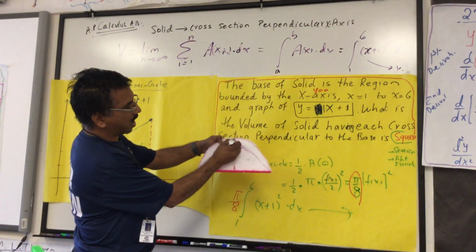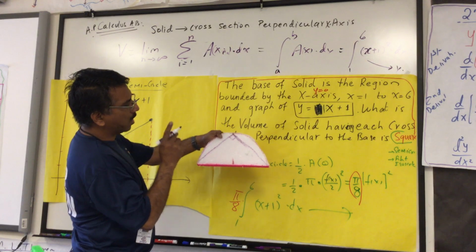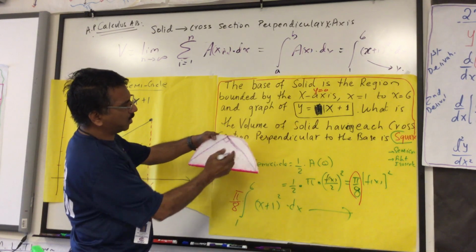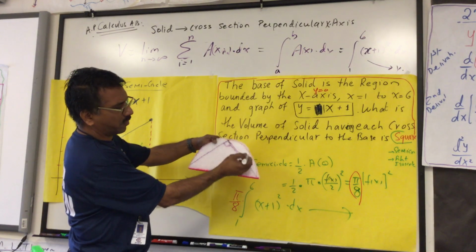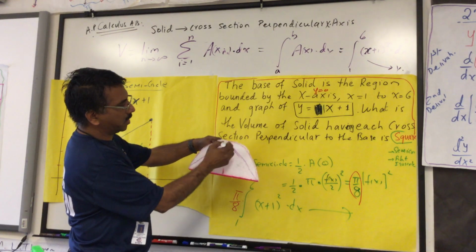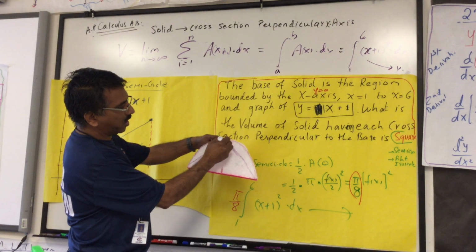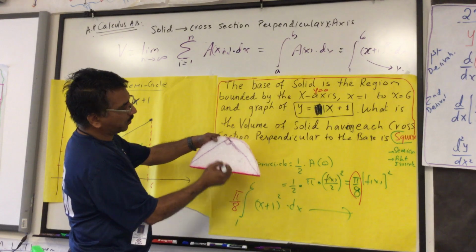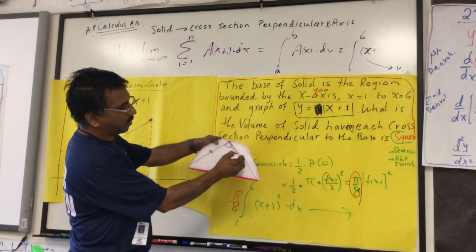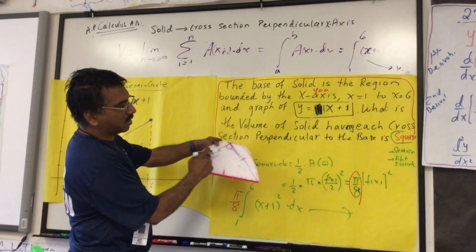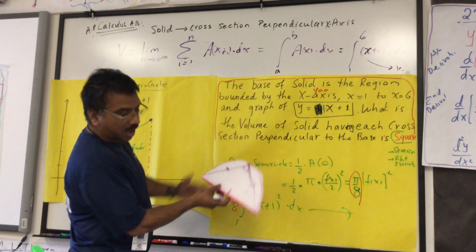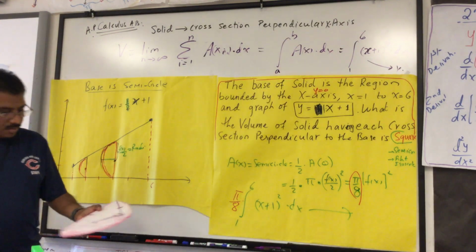So this is the right triangle. In a semicircle, the angle is always 90 no matter where the vertex is, but when it is exactly at the center, these two sides are equal, and that's when it is an isosceles right triangle.